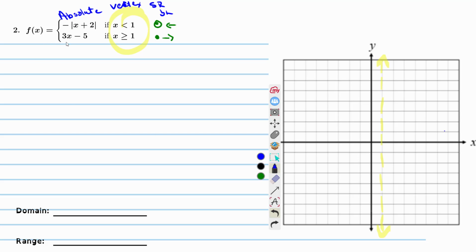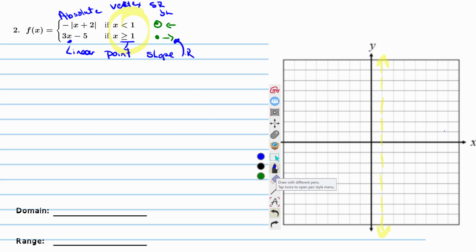The bottom one has an x involved with it. There's no absolute value, so it's a linear, which means I need to find the point at 1 and my slope. Based upon this, I need to find my slope going to the right.